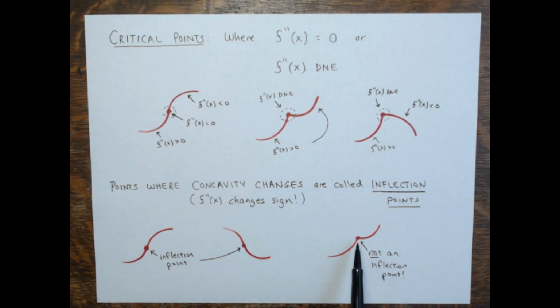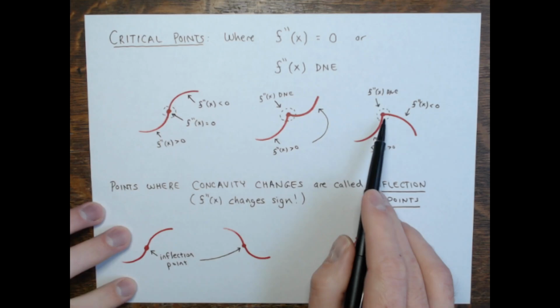The reason is the second derivative is positive on the left, concave up, and positive on the right, concave up. So on both sides of this point, you have the same sign of the second derivative. It doesn't change sign.